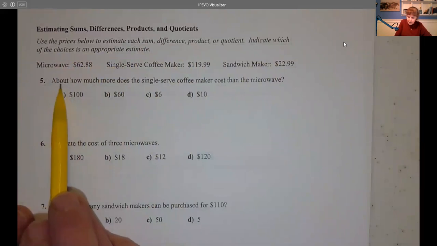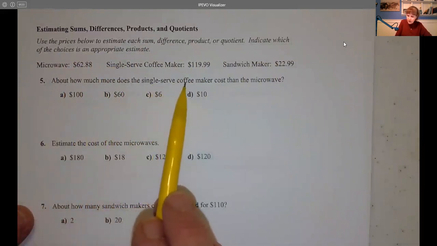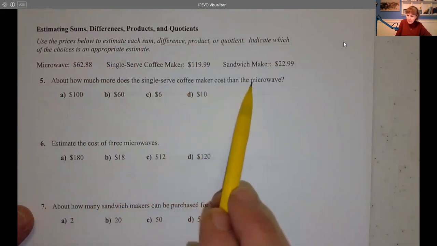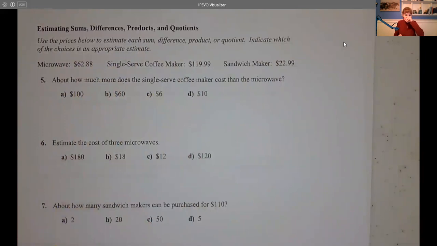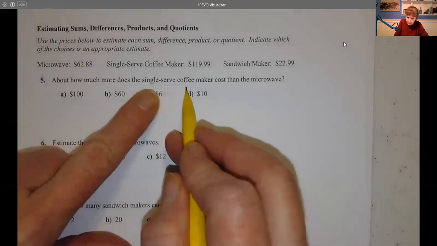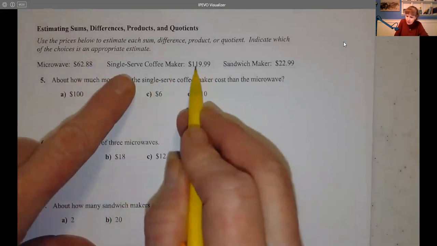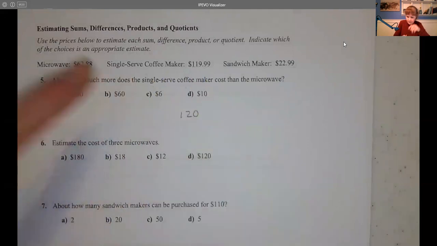So how much more does the single serve coffee maker cost than the microwave? How much more? So when you see something like how much more, we're going to be looking at subtraction when you want to find how much more something is. So we'll take the single serve coffee maker, which we're going to say is about $120.